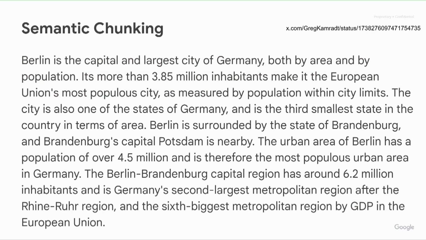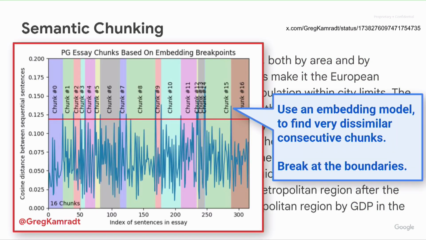Another one that was popularized by Greg Kamradt is semantic chunking. The idea is to look at every sentence and compare each sentence pairwise, and try to find the point where this sentence and the next are way more dissimilar than two others.